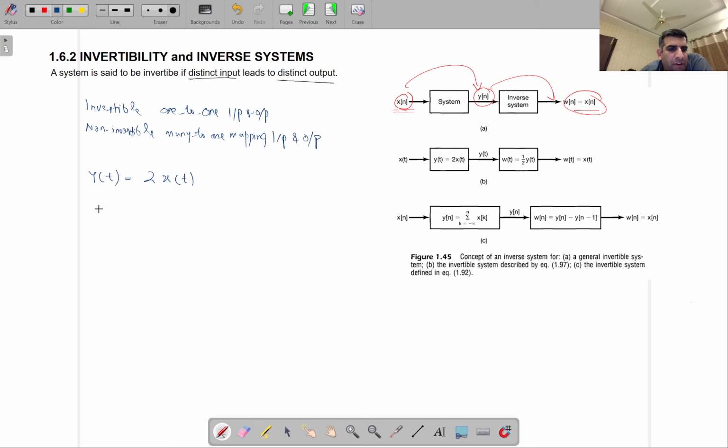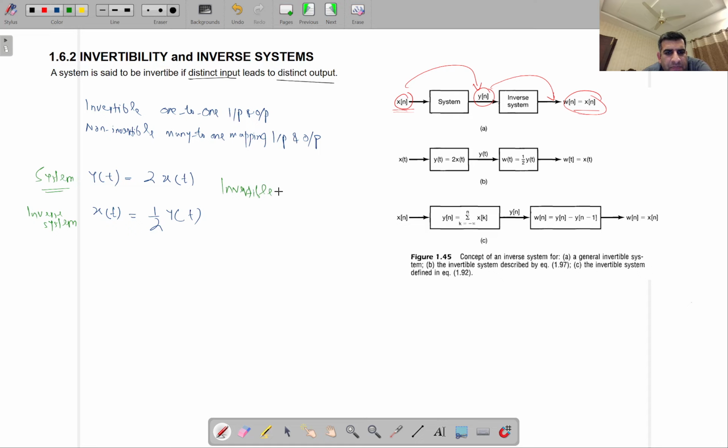So for example, the inverse system is x of t equals 1 upon 2 y of t. This expression is the inverse system, and this was the original system. So yes, this particular system is an example of an invertible system.